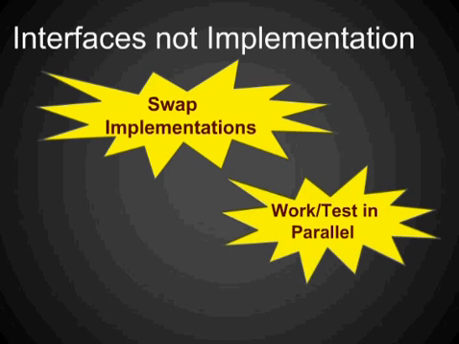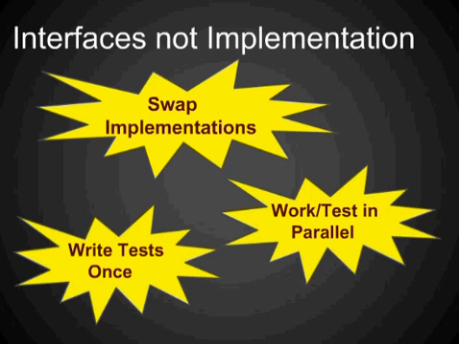When you're able to swap objects in and out without the rest of your application knowing about it, you have loosely coupled code. Also, when we deal with interfaces and not implementations, it allows us to code and test in parallel. So we don't have to wait for one group to be completely done with an object before we can write the test for it.